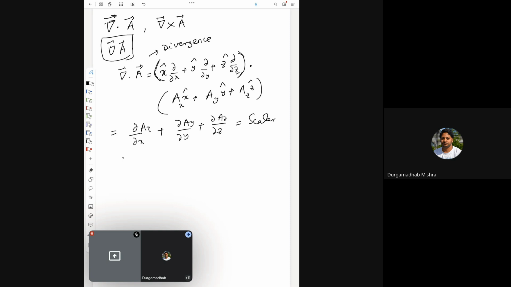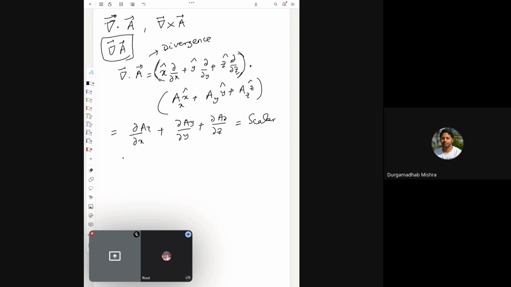One is the mathematical interpretation, like what we have done here. Then there is a geometrical interpretation. If I have a vector A, the divergence means how it spreads from one point, how it spreads in a region.